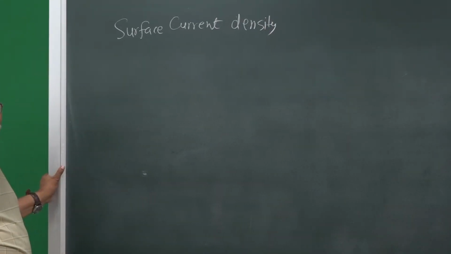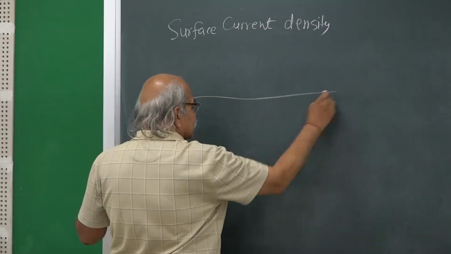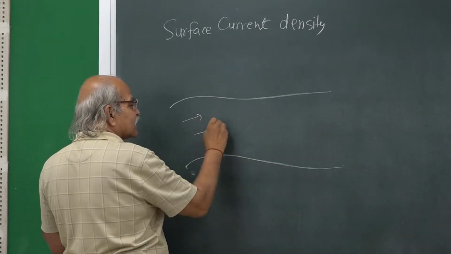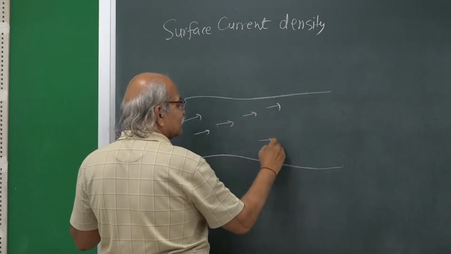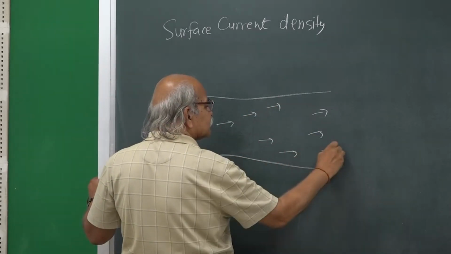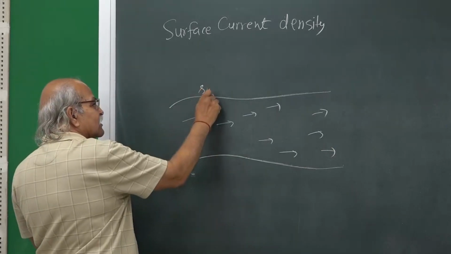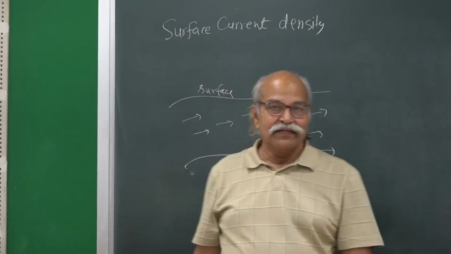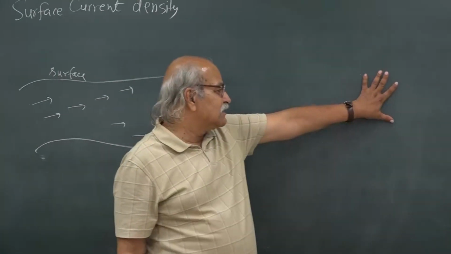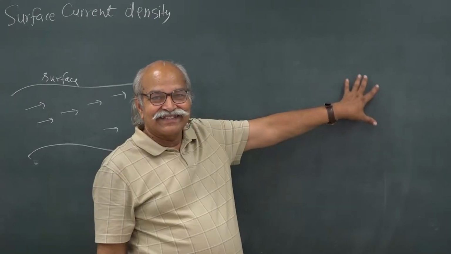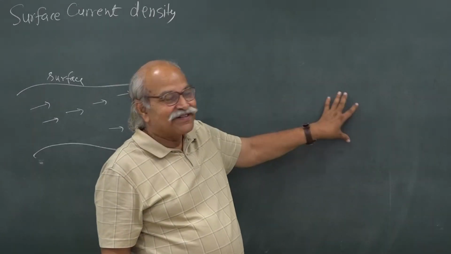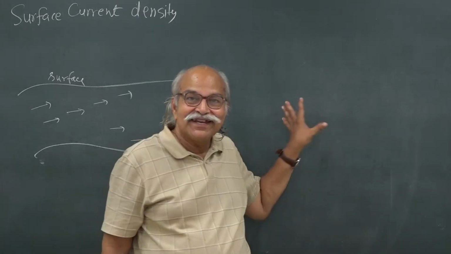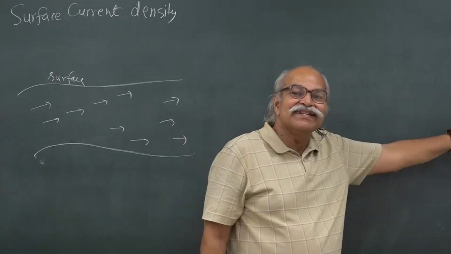How do I define that? Suppose here is a surface. Suppose this is a surface, and there are charges, and those charges are moving. This is just a surface. It is not a volume. Suppose this table or this board itself is a surface, and the charges are residing on the surface of this board, and the charges are moving on this surface only.